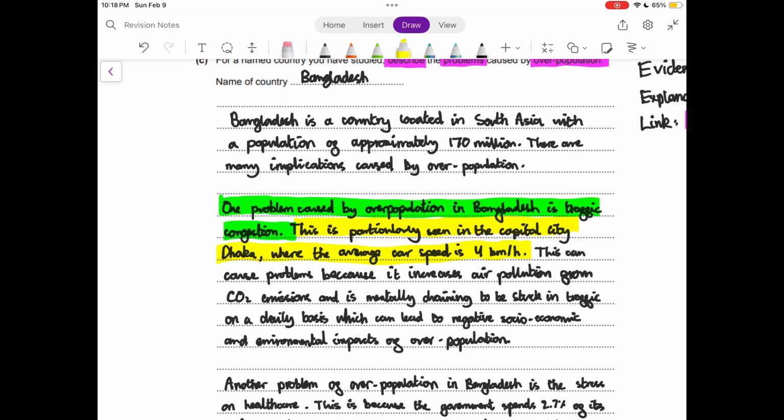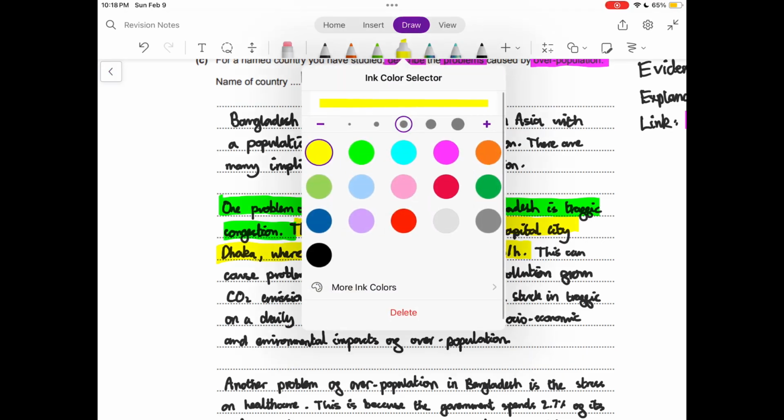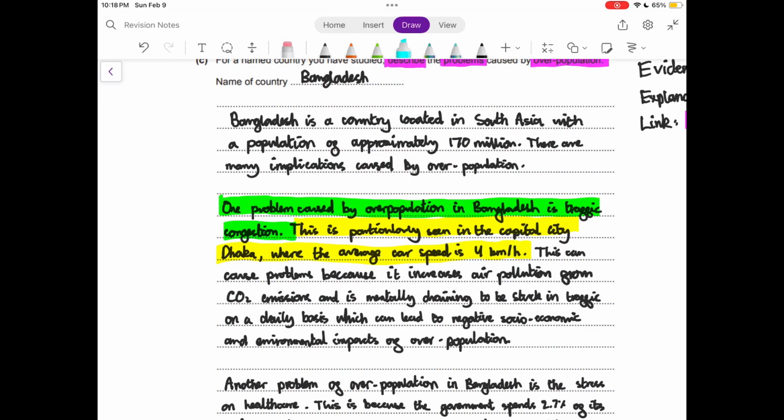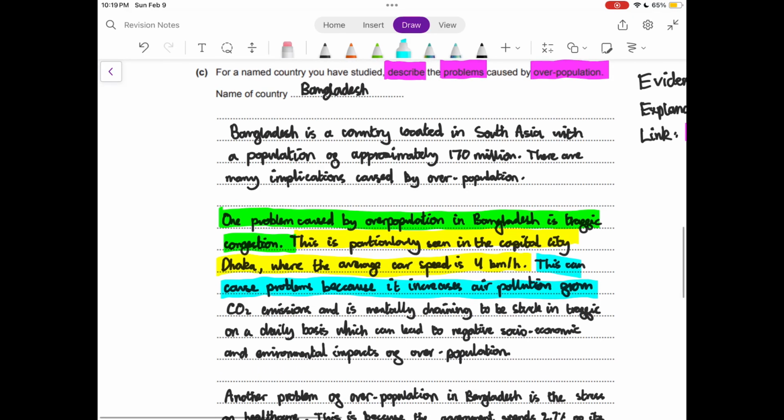So that would be my explanation, because I'm explaining how my point and evidence interlink together to have a negative impact, a negative problem of overpopulation. So I'm going to highlight this in blue.